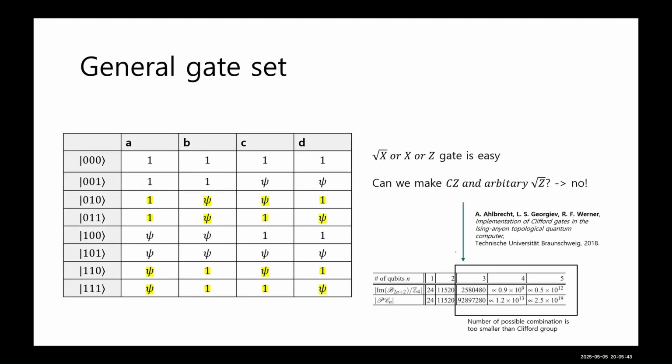So this is the fusion result from the 3 qubits. It's really easy to implement root X or X gate.